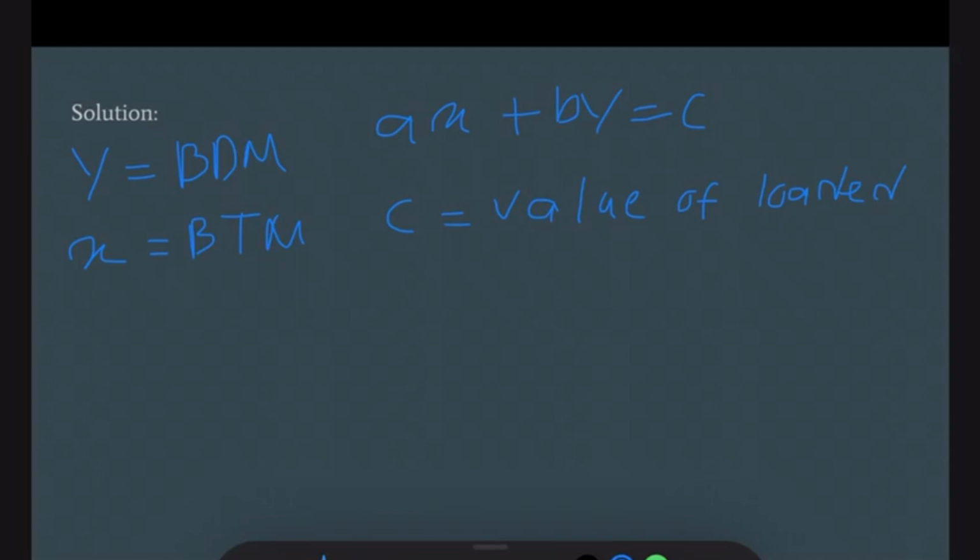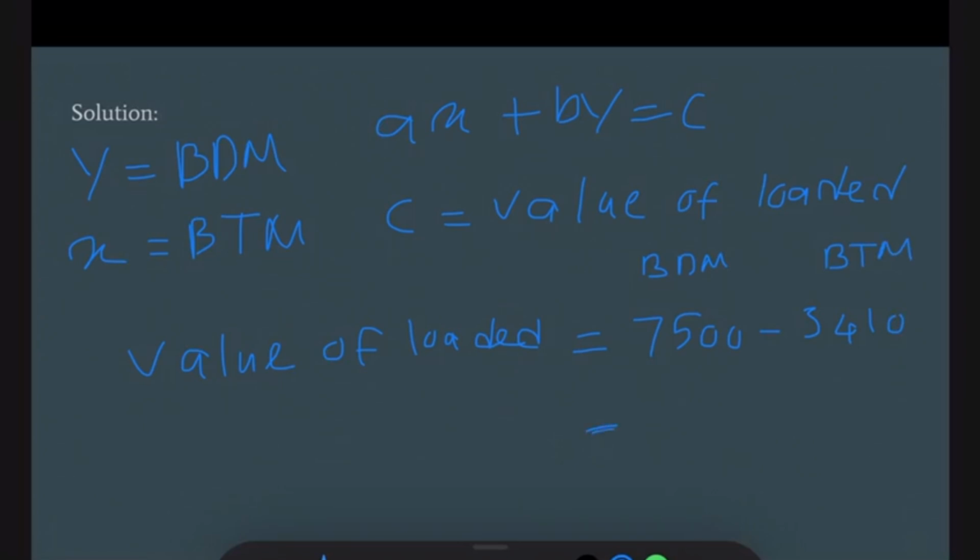First thing first, we find the value of the load. The value of the load is equal to BDM minus BTM, which is 7,500 minus 3,410.